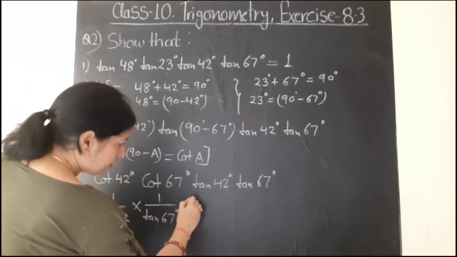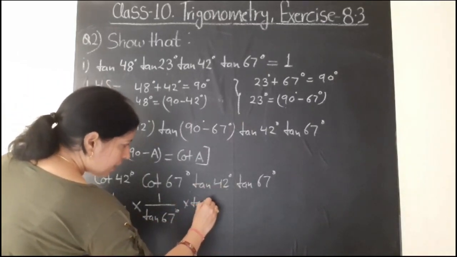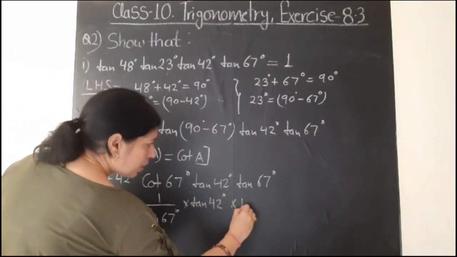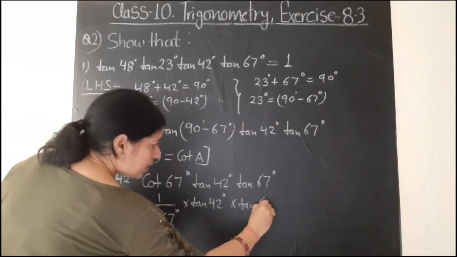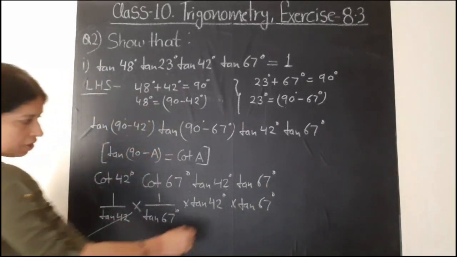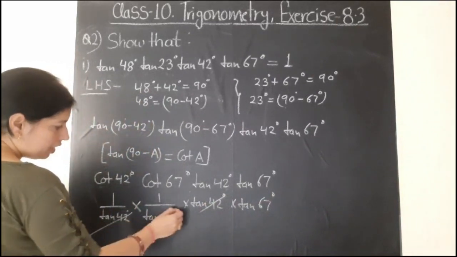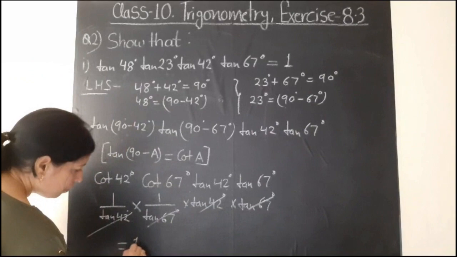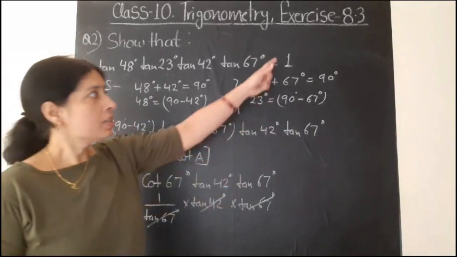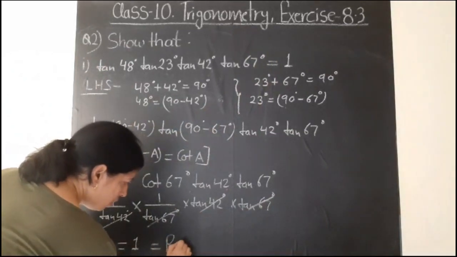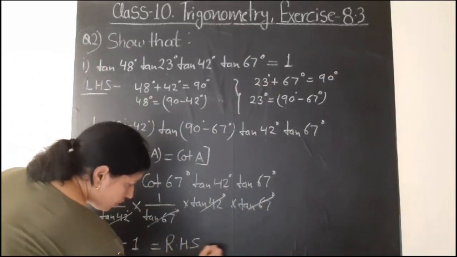And here it is given tan 42 degree into tan 67 degree. So you can cut tan 42 degree, tan 42 degree, tan 67 degree, tan 67 degree. So it will come 1. 1 is RHS. So this one is equal to RHS. So this one is proved.